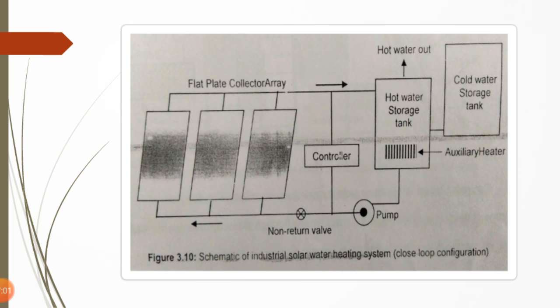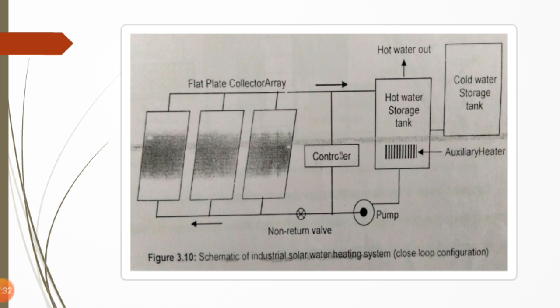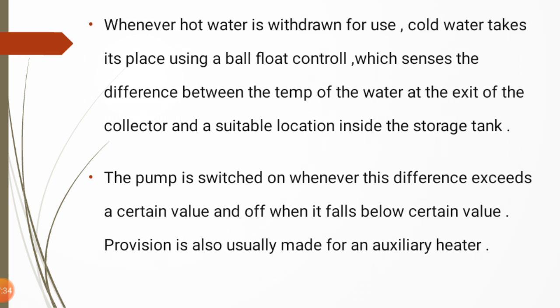When the difference between the water at the end of the flat plate collector array and the water in the storage tank exceeds the set value, the pump gets switched on. And if this difference falls, then the pump is switched off. So this process takes place in loop form. So this is the closed loop configuration.